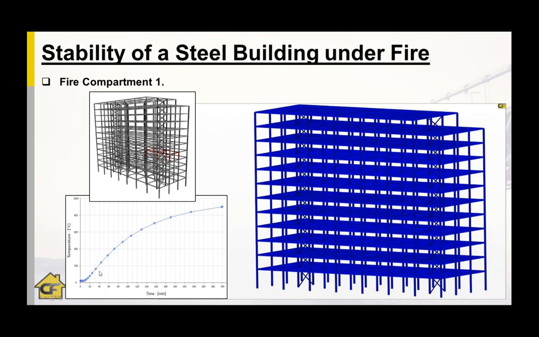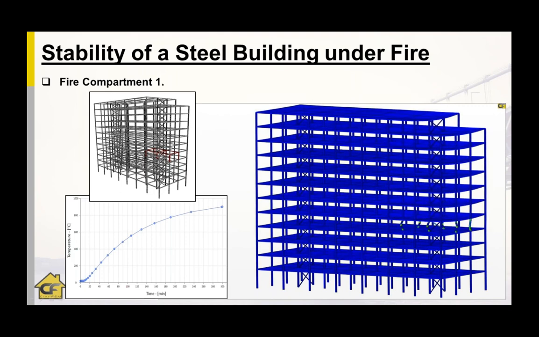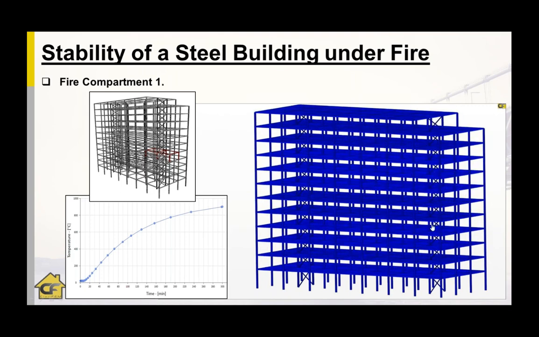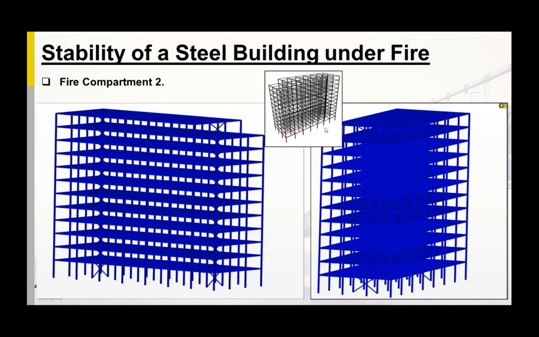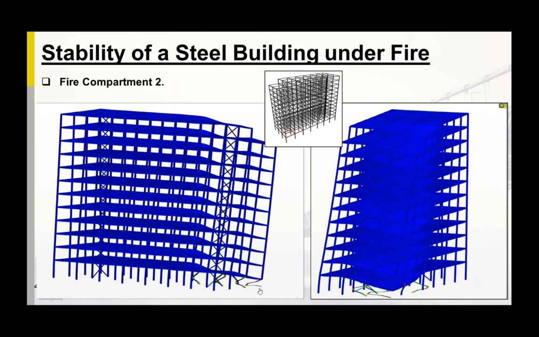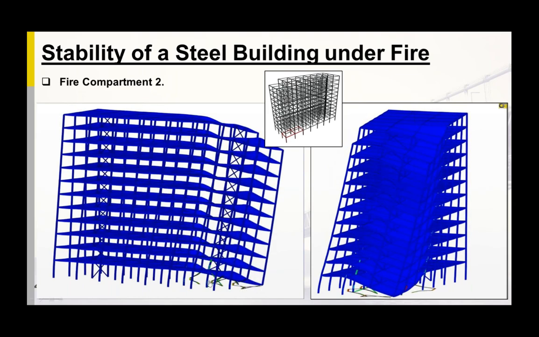So this is the time it takes for the temperature to reach inside it. In this building we can see that due to this fire, yielding is happening in those parts, and the collapse of the structure. In the same way, we apply the fire on this other part of the building, in this compartment, and we can see the collapse happens much faster and easier due to the buckling of those columns in these zones.